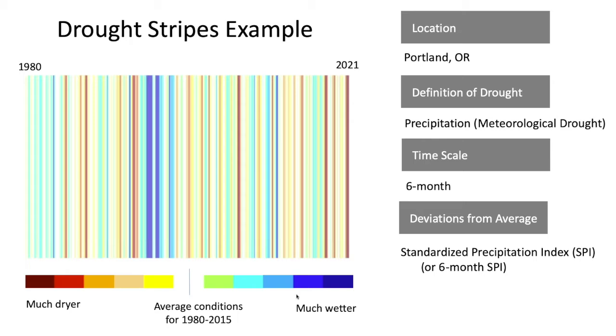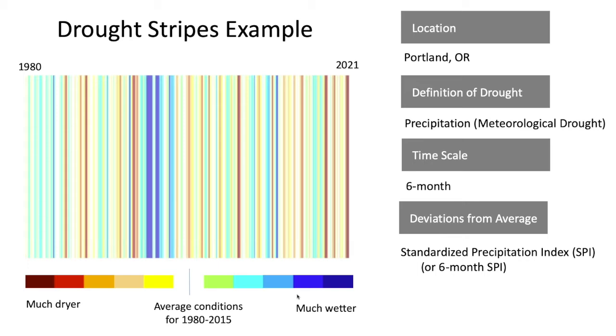With a time scale of 6 months, this is also called a 6-month SPI. SPI is like a z-score in that it is in units of standard deviations from the mean. The sign of SPI tells us if the 6-month precipitation is above or below normal. And the magnitude of SPI gives us the size of the deficit or the size of the surplus in current precipitation totals from average.